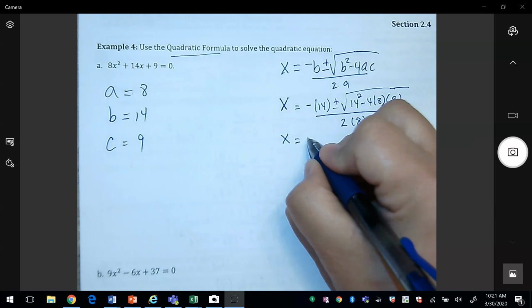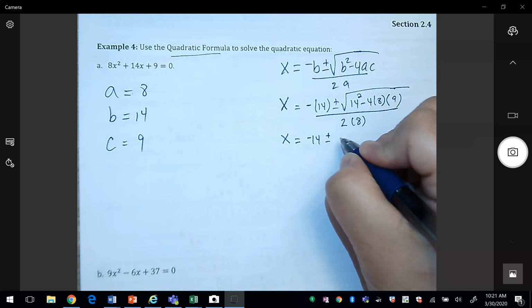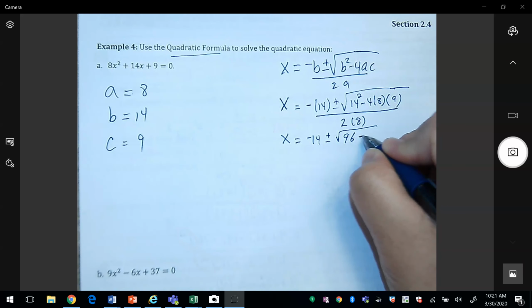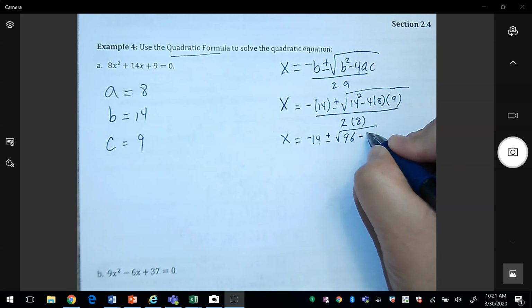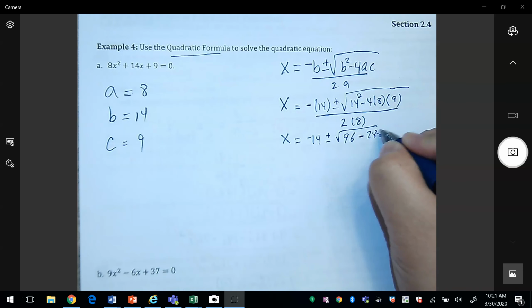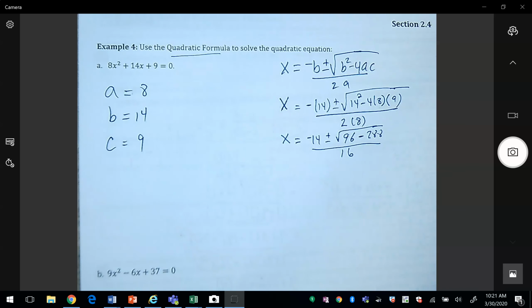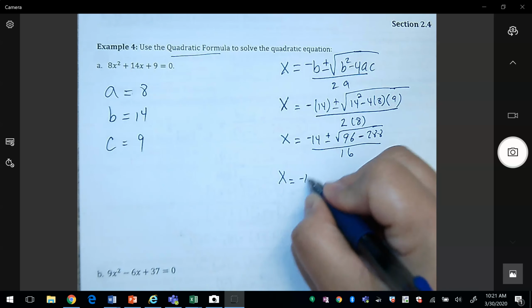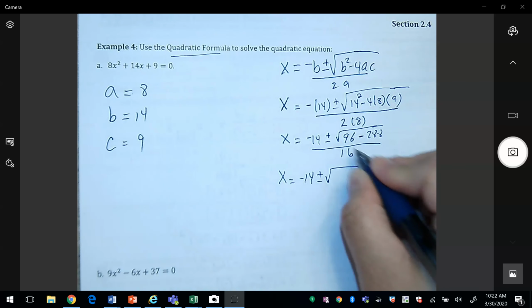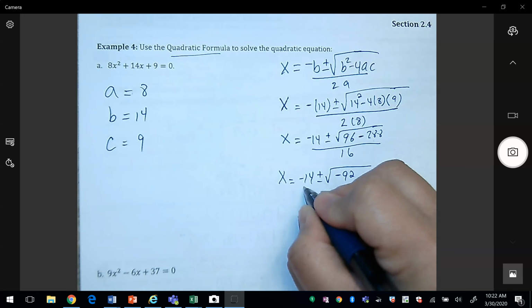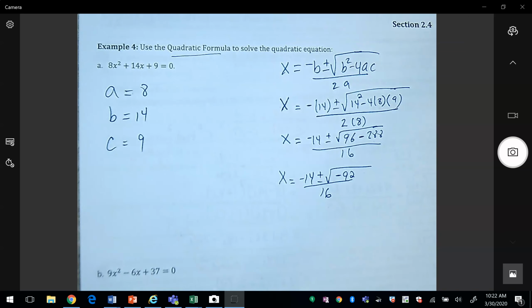Okay, so we have negative 14 plus or minus the square root of 196 minus 4 times 8 times 9, which will give us 288, divided by 16. 196 minus 288 gives me negative 92, divided by 16.